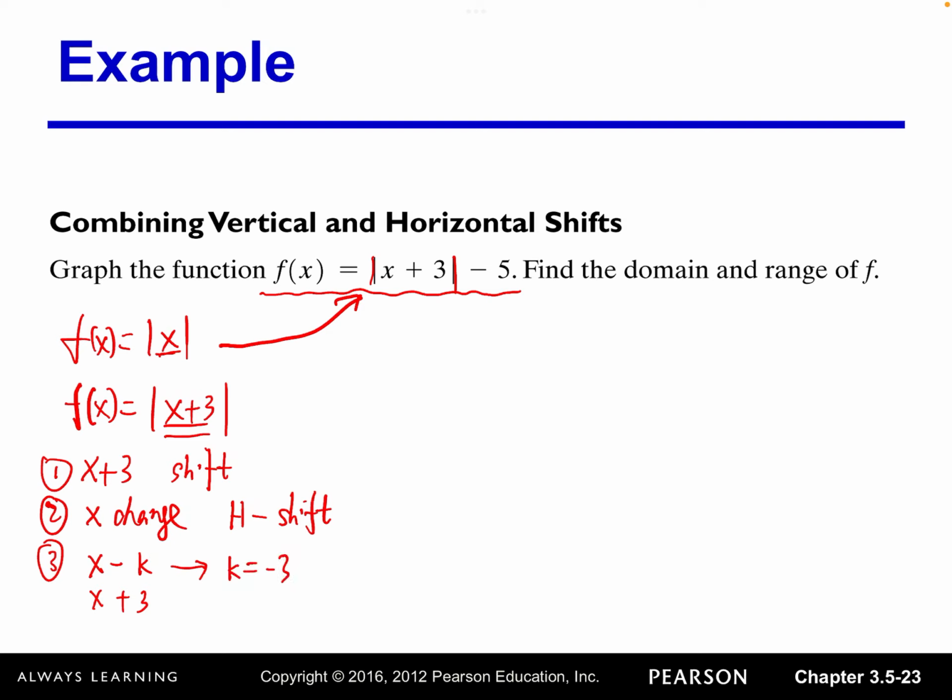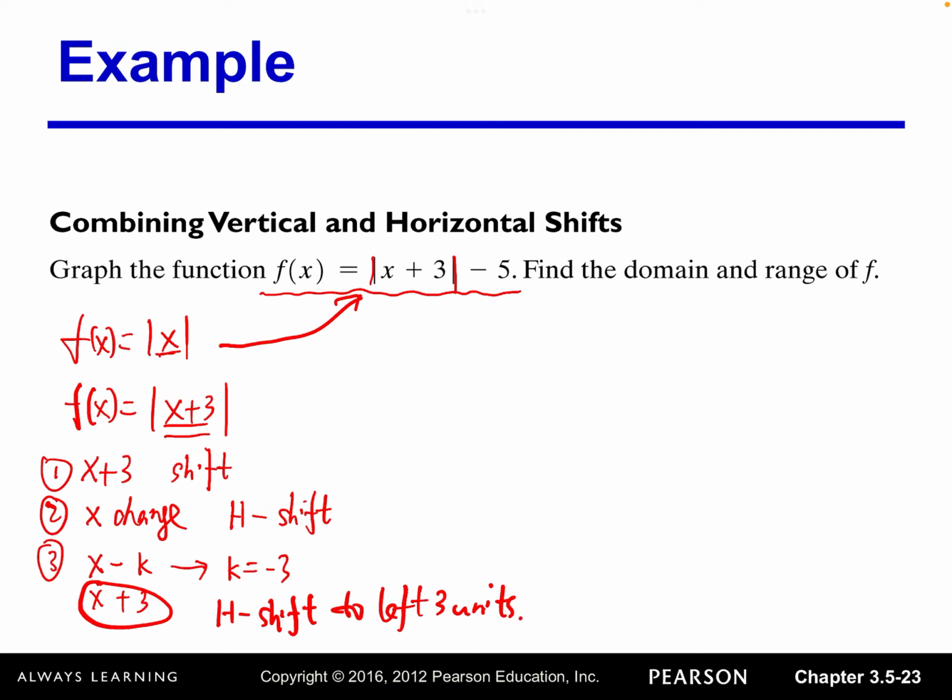Is that right? Only x minus negative 3 gives us x plus 3, isn't it? So be careful, here is a one-time sign change. So k equals negative 3, therefore we know it must be horizontally shifted to the left-hand side 3 units.